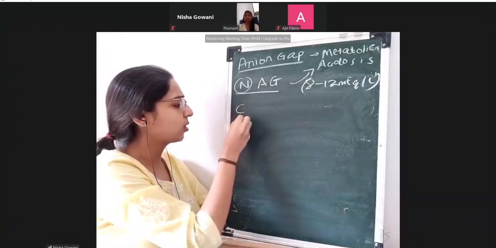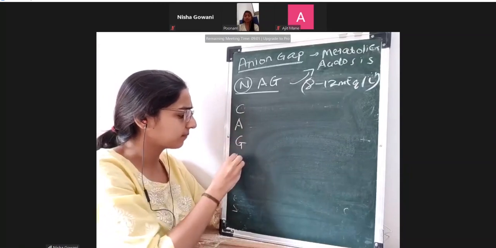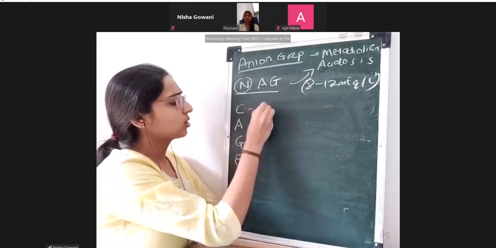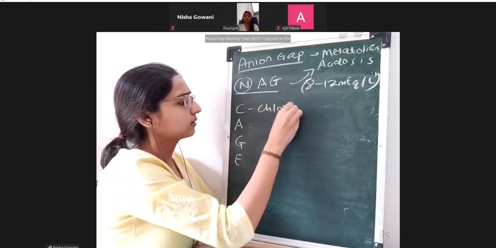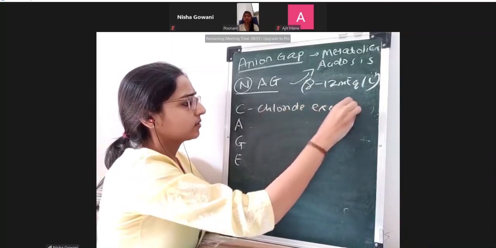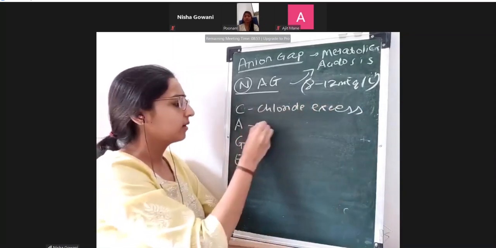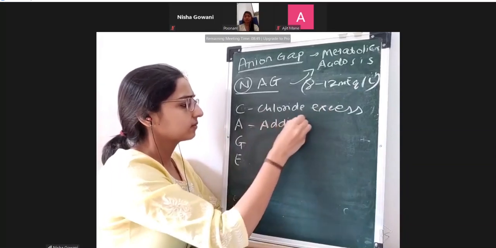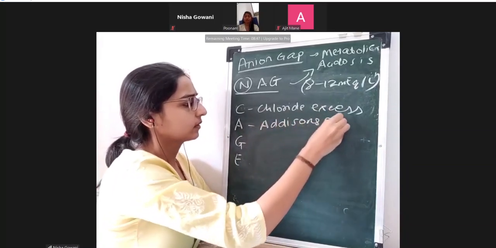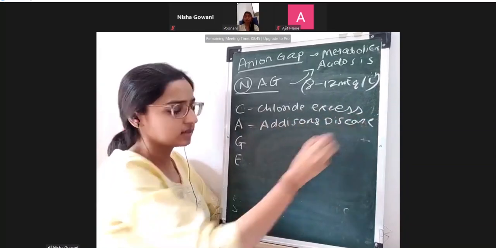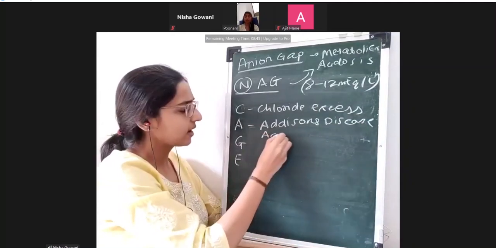Okay. So there is one mnemonic, CAGE. In which C is chloride excess, like the patient might be having Addison's disease. Okay. Or he may be taking acetazolamide.